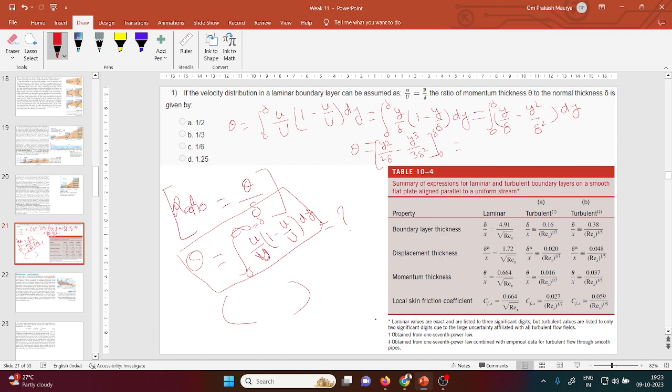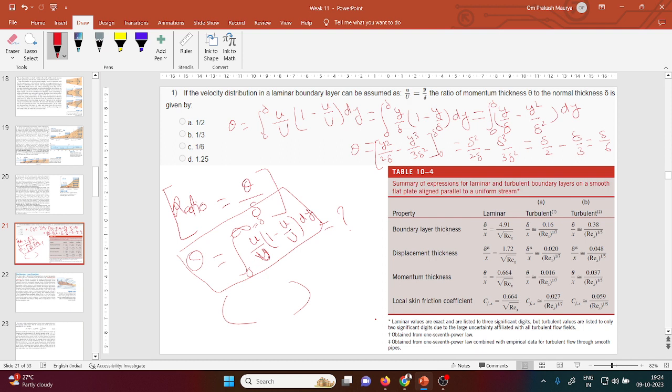If you put in the limits, delta square by 2 delta minus delta cube by 3 delta square, and putting 0 makes the whole term 0. So one delta cancels: delta by 2 minus delta by 3, which gives delta by 6.